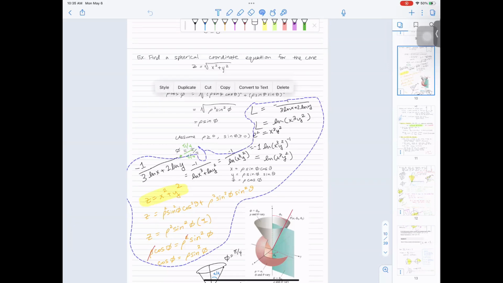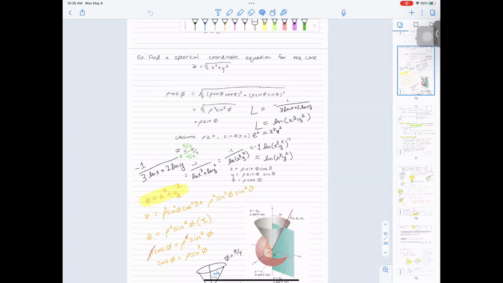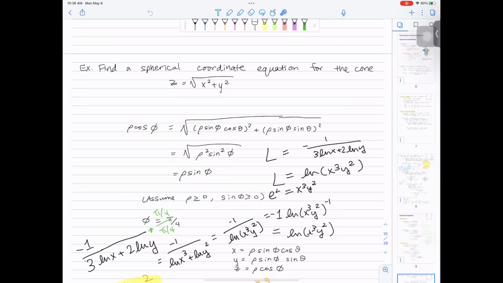If you're given a Cartesian equation and don't know what it looks like, how do you know it's a cone? I can convert it to spherical coordinates. In spherical coordinates, z is rho cosine phi, x is rho sine phi cosine theta, y is rho sine phi sine theta. Simplifying, the square root of x squared plus y squared becomes rho sine phi. So now I have rho cosine phi equals rho sine phi.